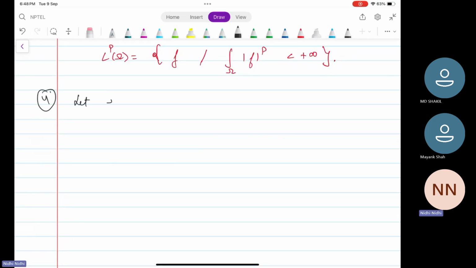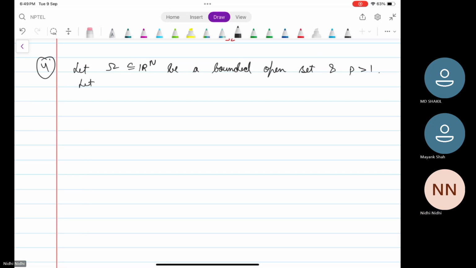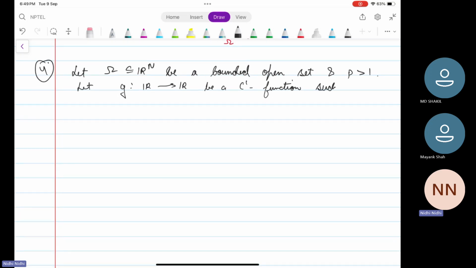Let omega, a subset of R^n, be a bounded open set and p is greater than 1. Now let g from R to R be a C1 function. That means g is differentiable and its derivative is continuous, such that it satisfies some growth condition.